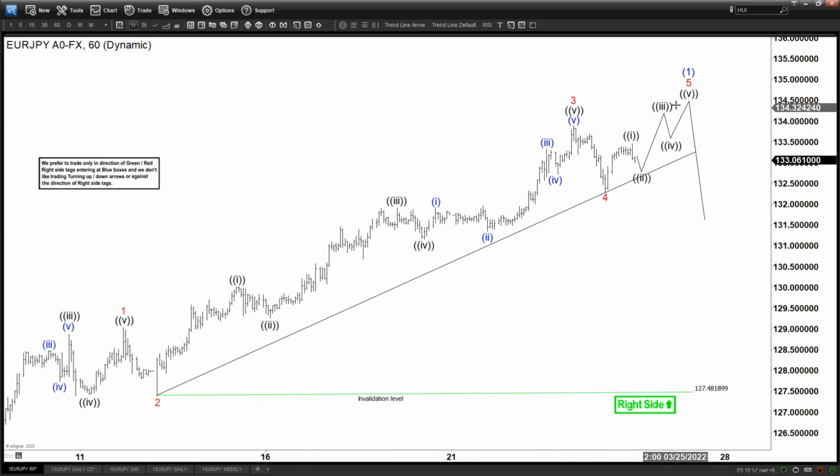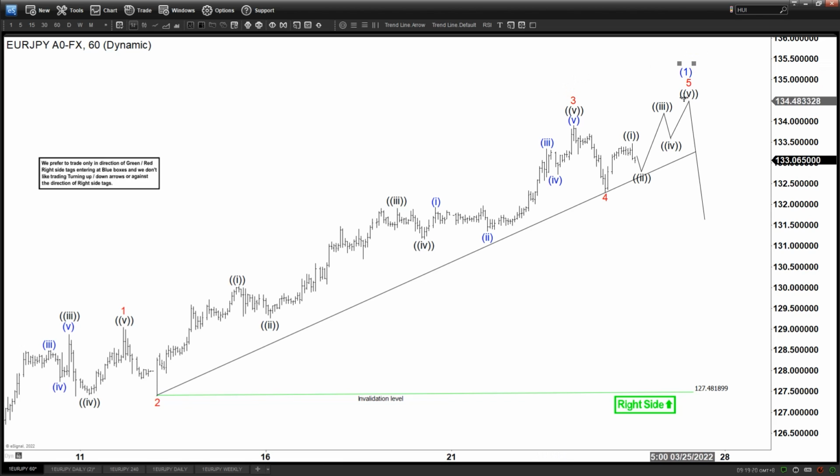Now, of course, as a trend trader, we do not like to trade against the trend, and if the trend is higher, then obviously this is not meant to say that we should be selling because it's going to top out, or that we should be chasing this, because this one is kind of risky to chase, as we should be ending this 5 waves sooner or later. It could be ending now too.